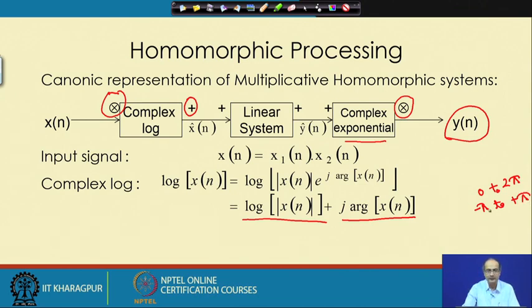However, the real angle could actually be outside this range, but once we take it through the complex log, it will always be mapped into that 0 to 2 pi kind of domain. So, it goes through a modulo operation, and because of that we get some discontinuity in the signal.